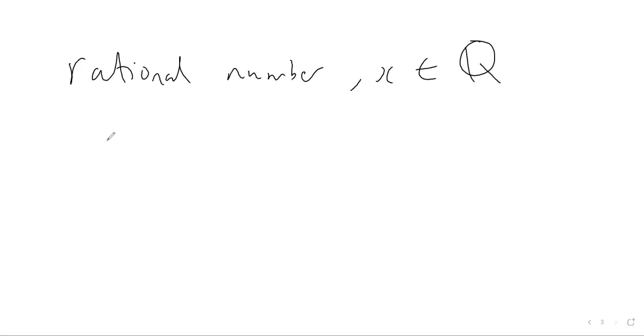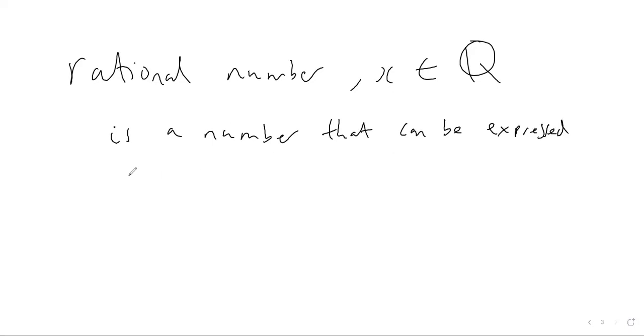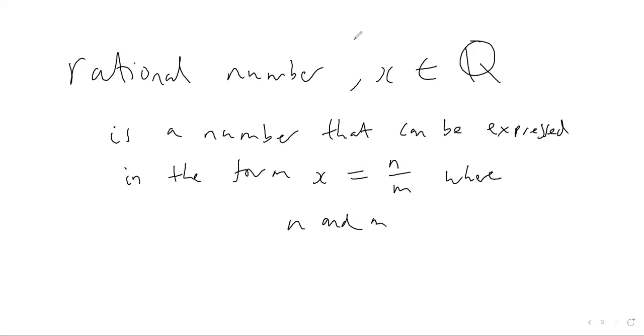This is a number that can be expressed in the form x equals n over m, where n and m are integers, so whole numbers, such that n and m are co-prime.